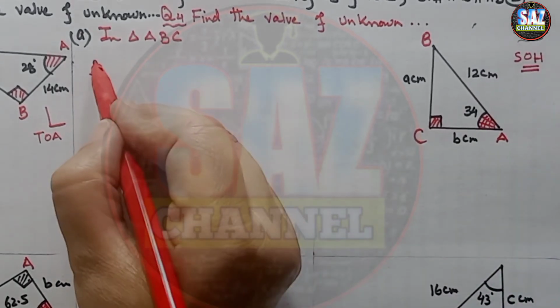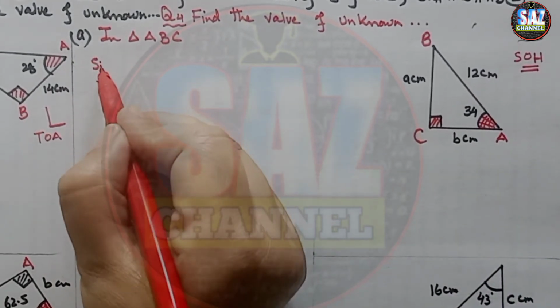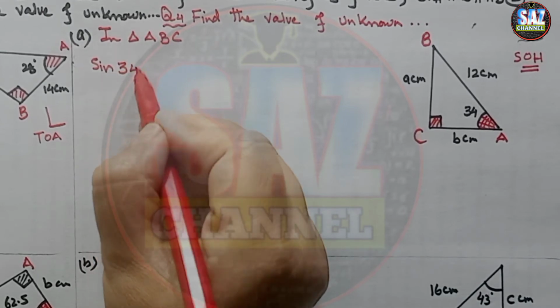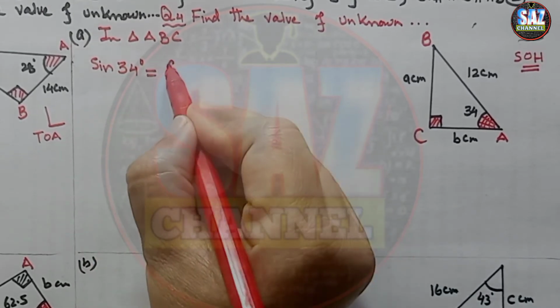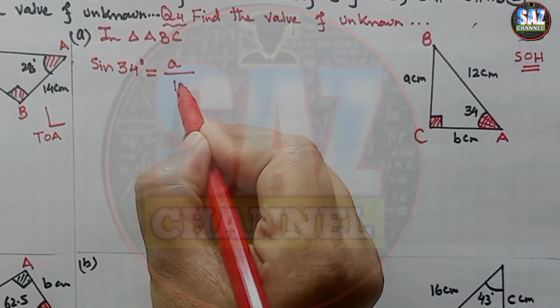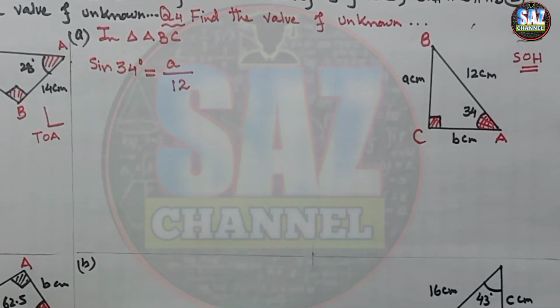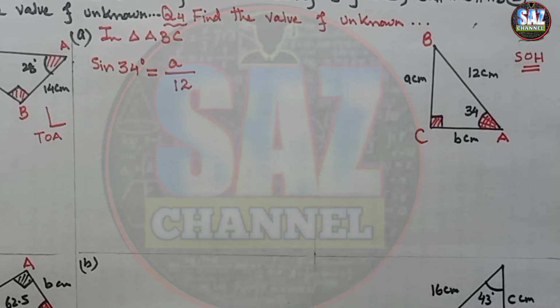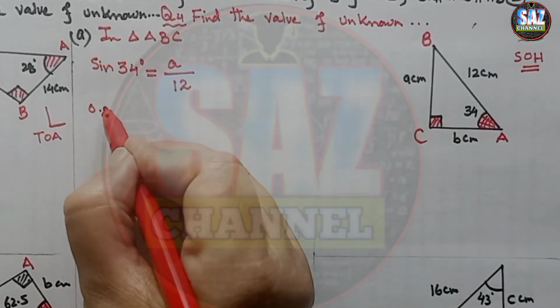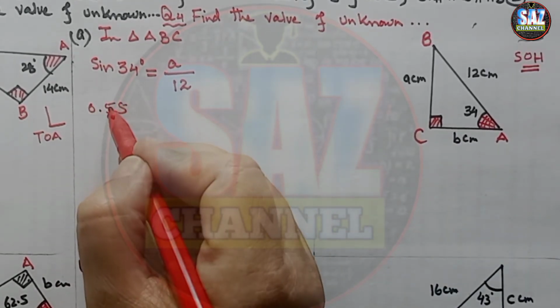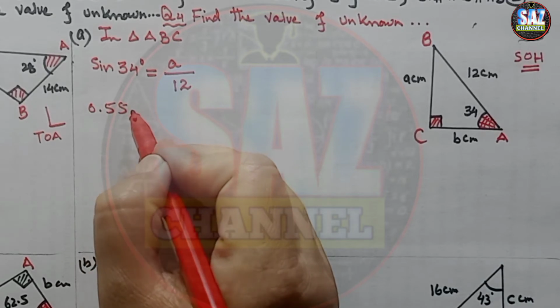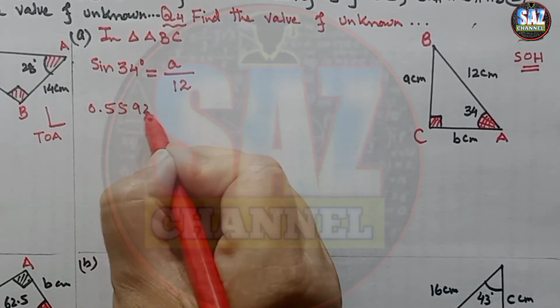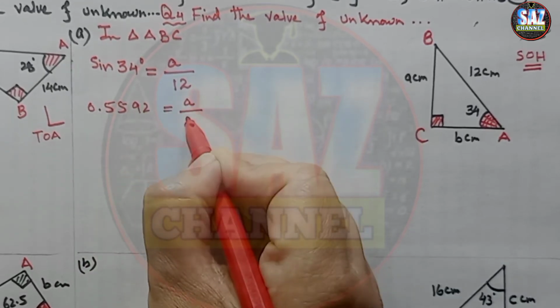So sine 34 degrees equals A upon hypotenuse, that is 12. Now check the value of sine 34 degrees. Sine 34 degrees will give me 0.5592, equals A by 12.